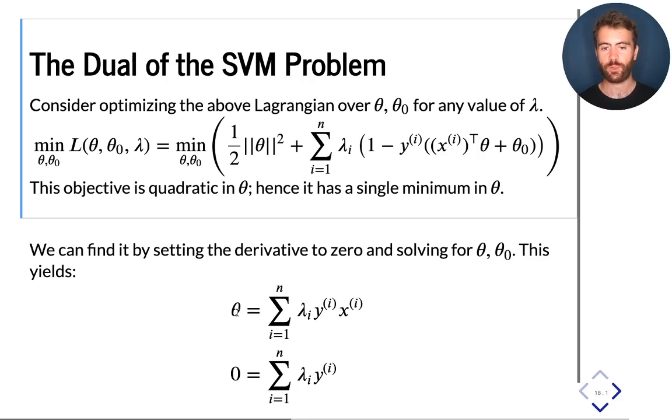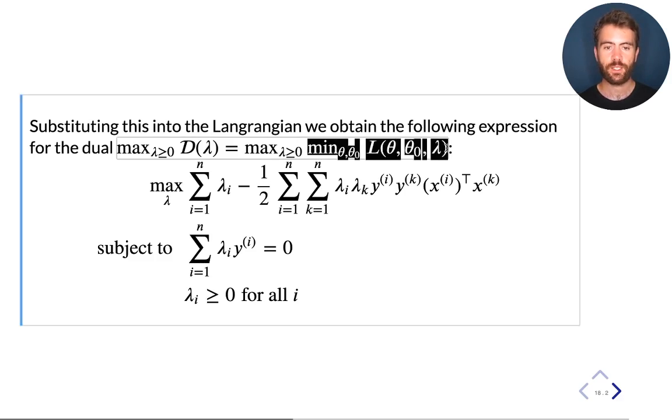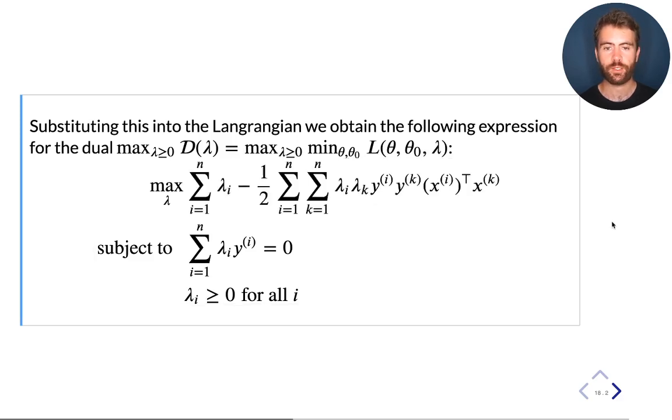Given that we have an expression for theta, which is our minimizing theta, we can take this and plug it into the objective function that we see here. If we plug it into this objective function, everything simplifies, and now our expression for this objective has the following form. This is the result of taking that expression for theta and plugging it back into the Lagrangian.